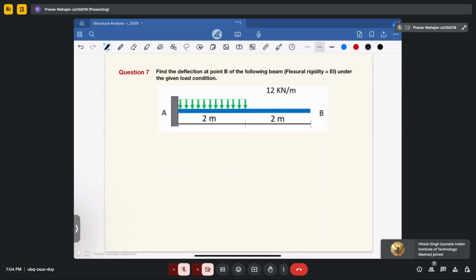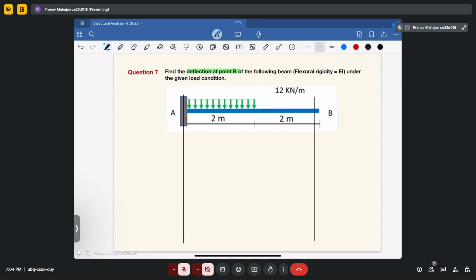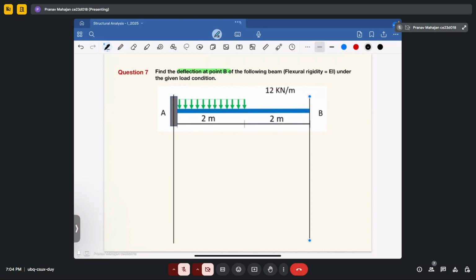Okay. Now next question is you have to find the deflection at point B. So in this case you have to find the deflection at point B. So how you will find? Again we will make the bending moment diagram of the whole section.